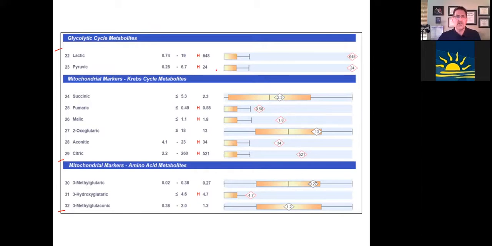Excess alcohol consumption could cause it. But one of the interesting things about mycotoxins is that they have a strong association to elevations of lactic acid. So this individual is definitely getting some interference effect in their glucose metabolism. We're getting some interference in the ability to metabolize lactic acid, as well as to properly metabolize pyruvic acid.